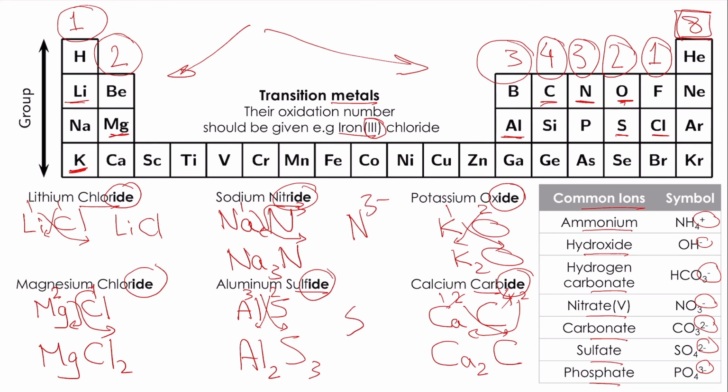Sulfide is the sulfur ion, so it is S2 negative. Chloride, Cl negative. Oxide is O2 negative. Carbide is carbon, positive or negative, it really depends on the other ion. For carbon, if it is more electronegative or less electronegative, then carbon will be positive or negative based on that.